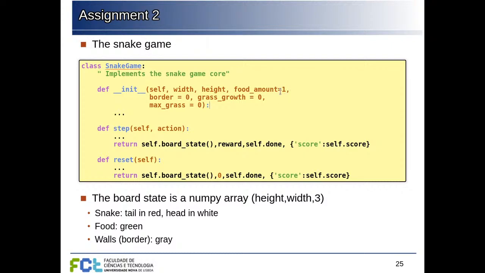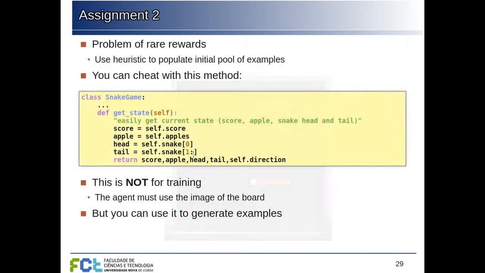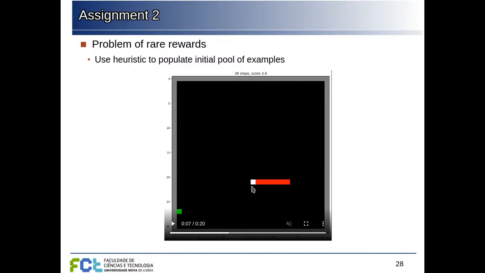But you can increase that if you want to try to train with more food, so that it's easier to find food. You can increase it here, and this get state method gives you the list of coordinates for all the apples, where the head of the snake is, the tail, and the current direction of the snake. So this is not what you should use for training. You should use just the image of the board so that the network learns to figure out where the snake is going and figure out the actions.